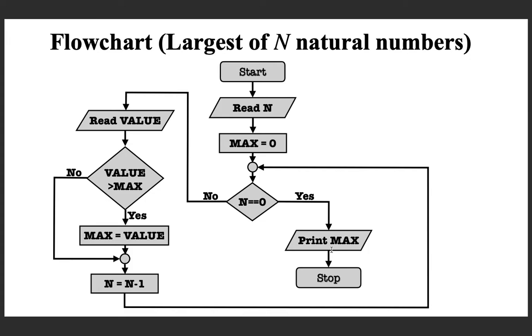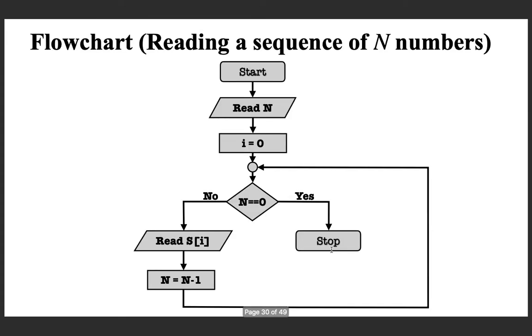Okay, now you look at the next problem, which is a flowchart for reading a sequence of n numbers. Now we are going to read a sequence of numbers and store it in a sequence object S. So what is it doing?